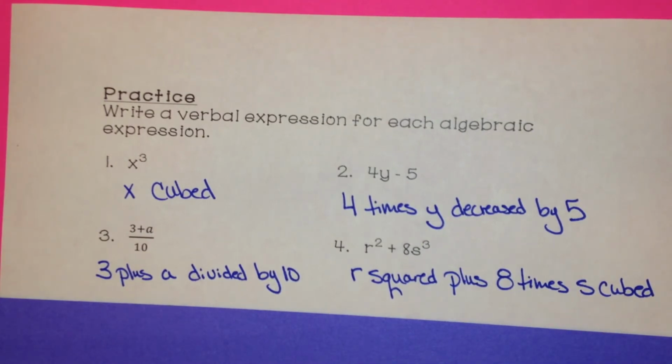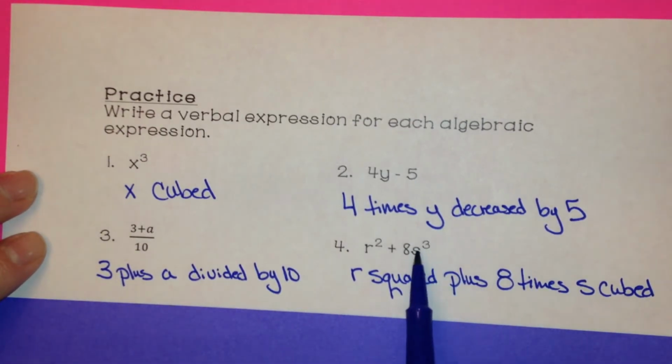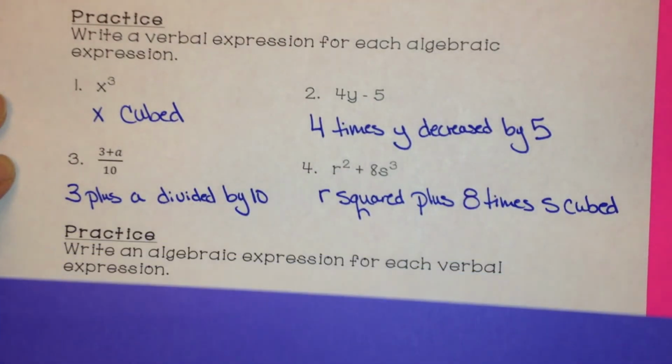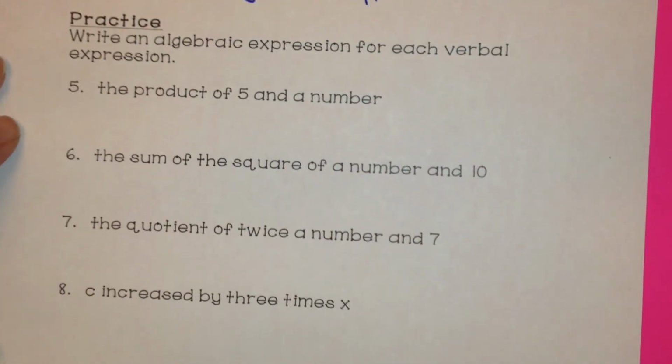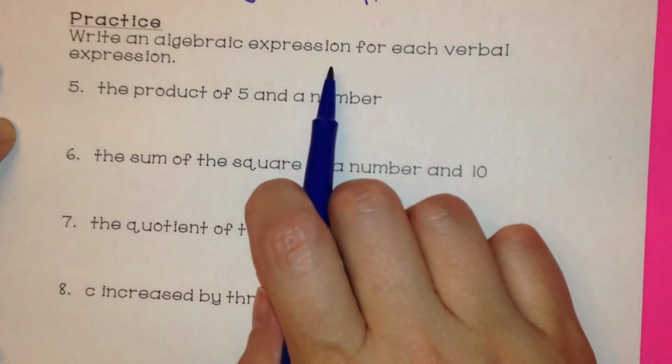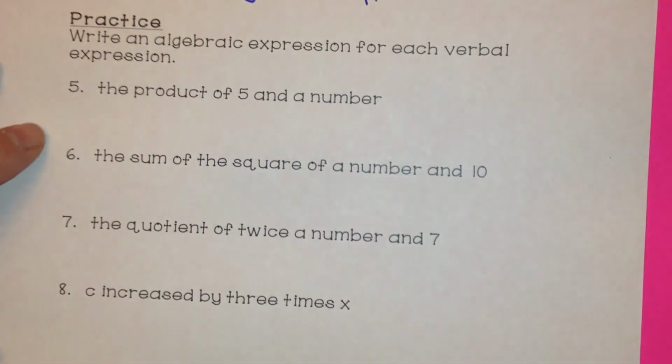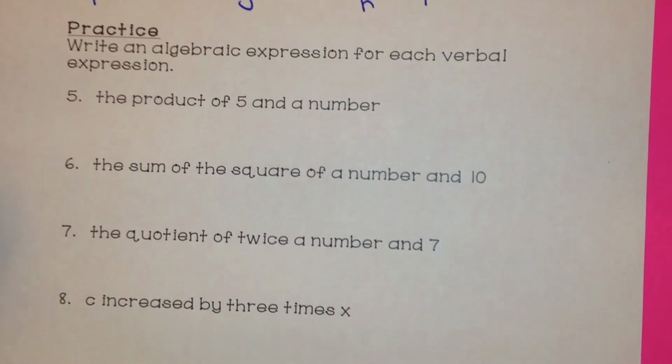Again, there's multiple ways to write it as long as you're using the correct words for the symbols and for exponents. Okay, last thing, you're going to look at the verbal statements and you're going to write algebraic expressions for each verbal expression. Go ahead and pause it here, come back when you're ready for the answers.